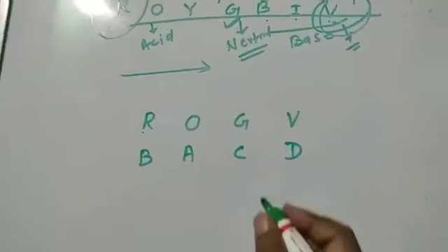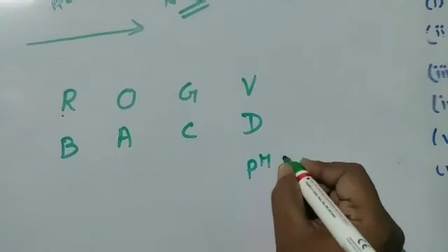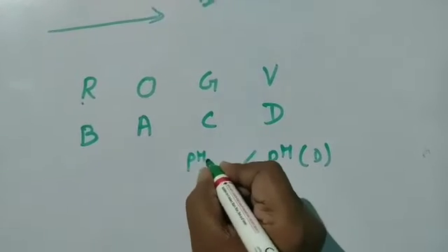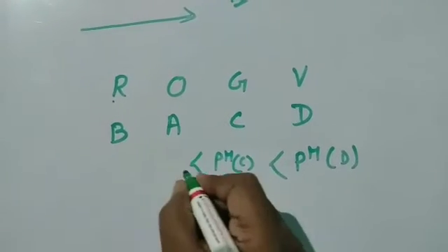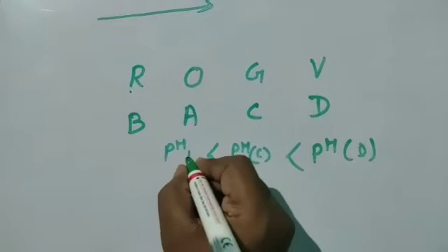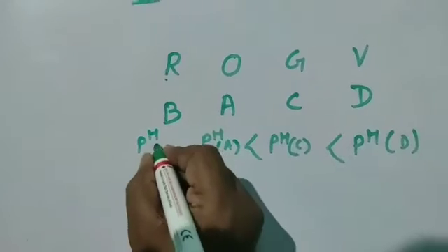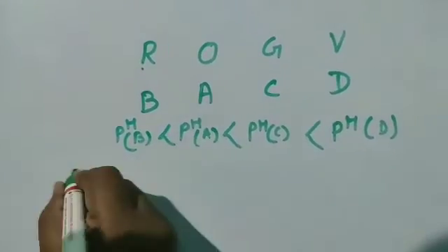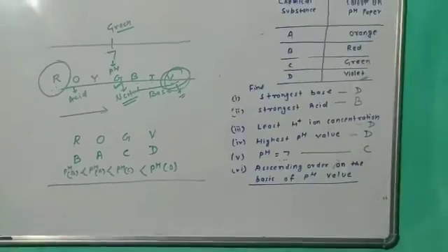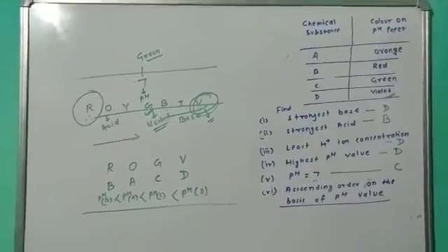So the pH value for D is maximum, then C, then A, and last is B. So this is the ascending order of pH value. In this way we have discussed today some questions related to acids, bases and salts. Okay, thank you.